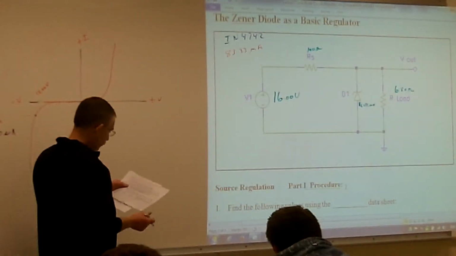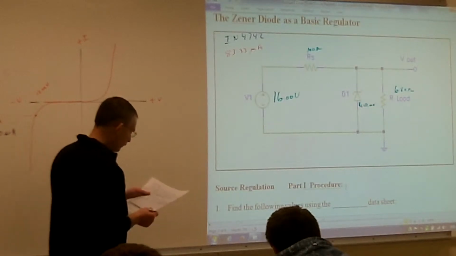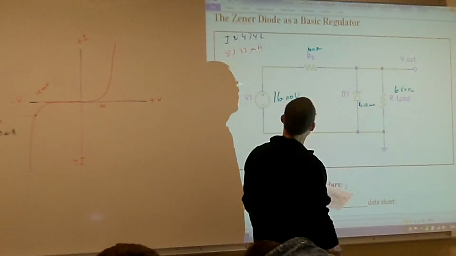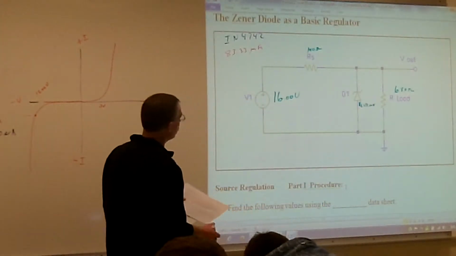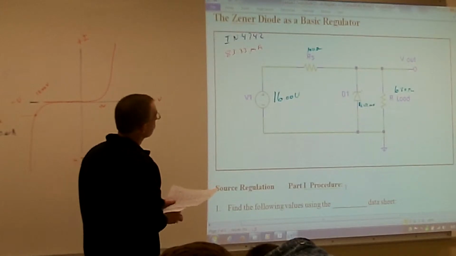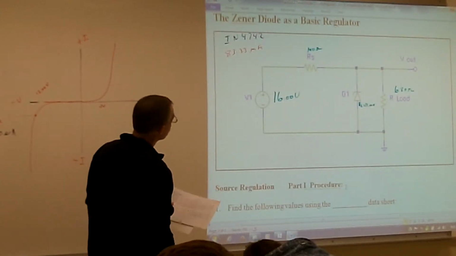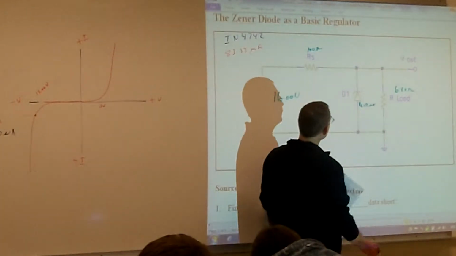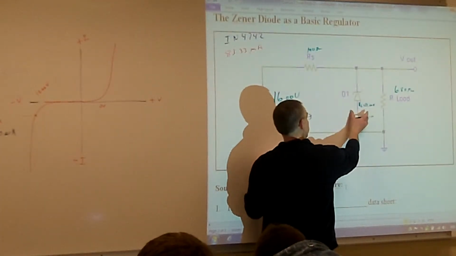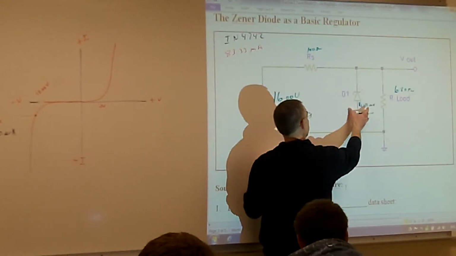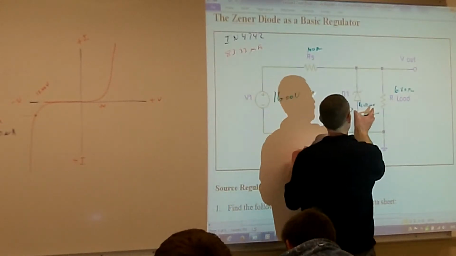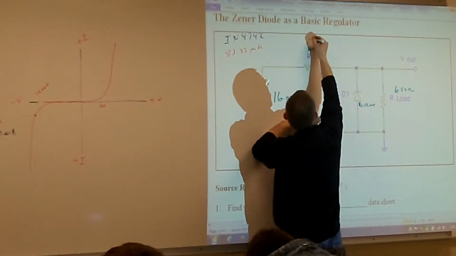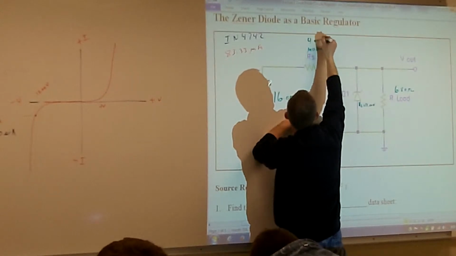What's going to be my voltage across my RS, my current limiting resistor? We know that we had 12 volts here, 12 volts of that is going to drop across my Zener, and so the remainder is going to drop across here, 4 volts.